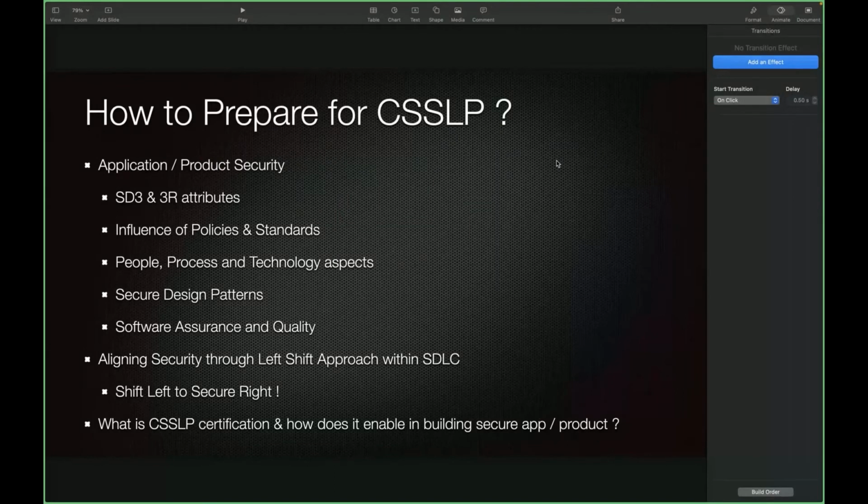And speaking about the process aspect of a software program for a more robust application security, for sure, it starts with the software development lifecycle methodology the company adopts, be it a waterfall software development lifecycle or an agile development lifecycle, right?